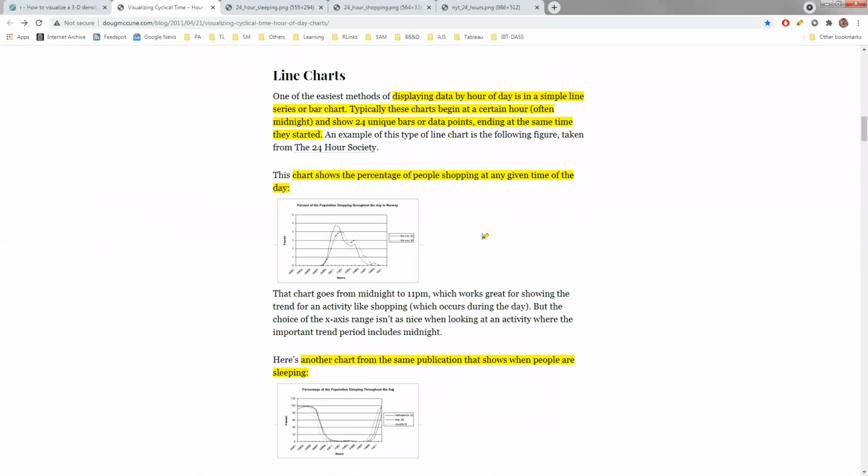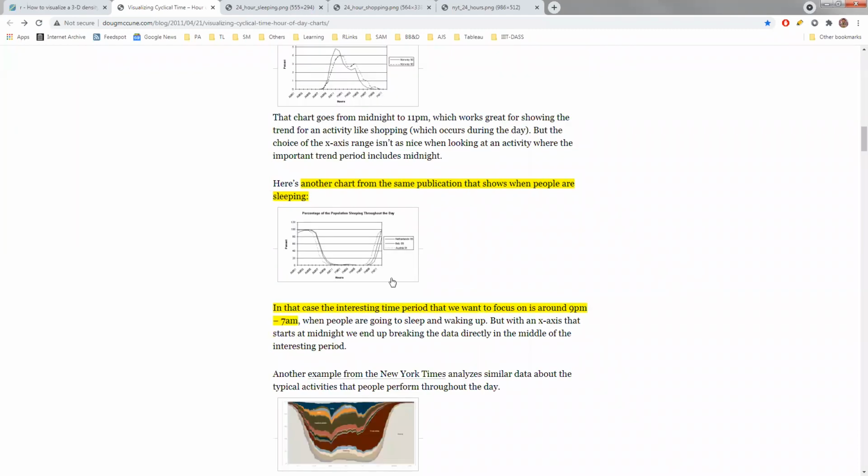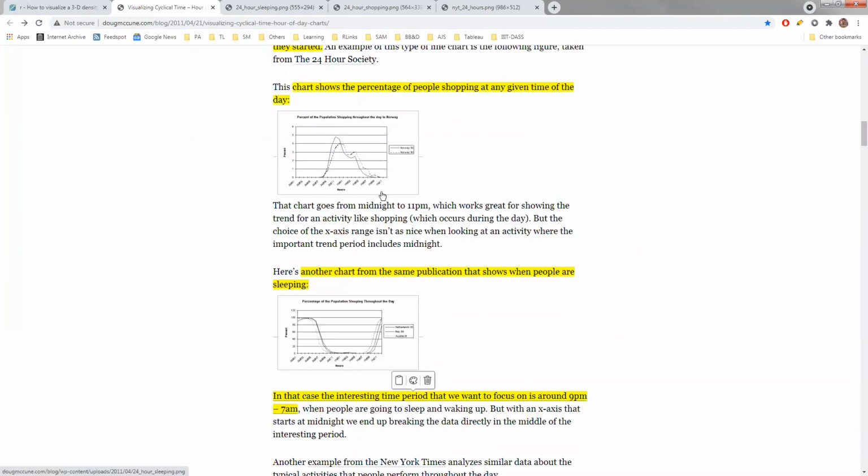Let me quickly walk you through it. What the author of this article is trying to explain is he has 3 charts, in which he is trying to convey the need for a new type of visualization for cyclical data.